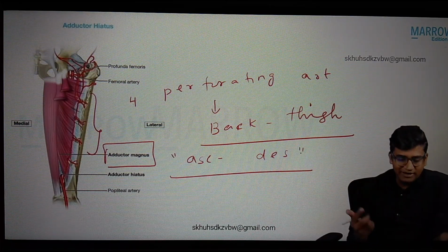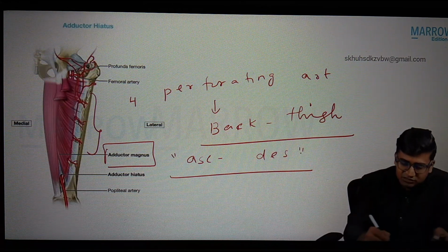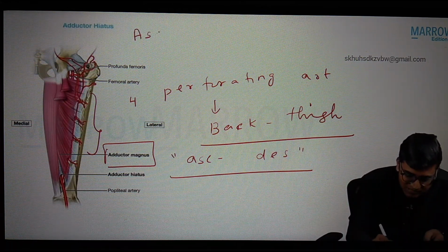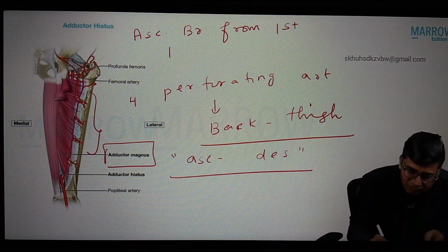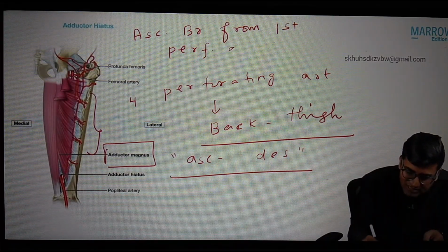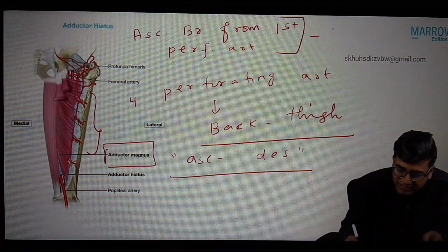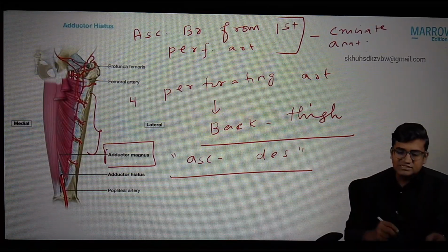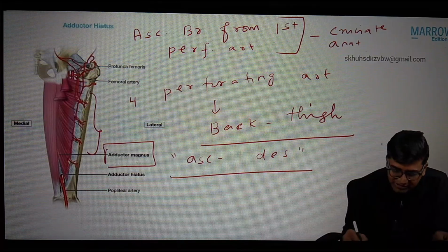The point is, the ascending branch from the first perforating artery takes part in the cruciate anastomosis.